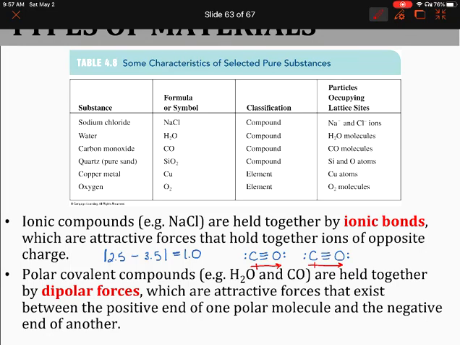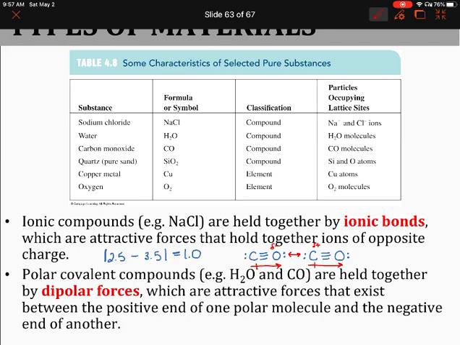So there's a force between that carbon and oxygen, because remember, the carbon is partially positively charged and the oxygen is partially negatively charged. So those two are attracted to each other, kind of similar to an ionic bond, except we have partial charges instead of full charges.